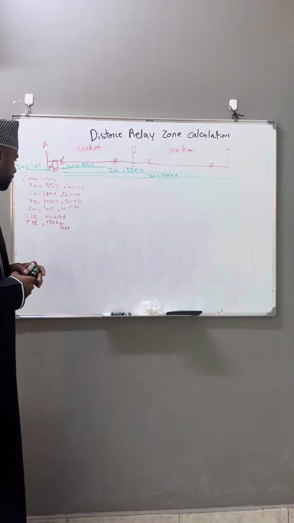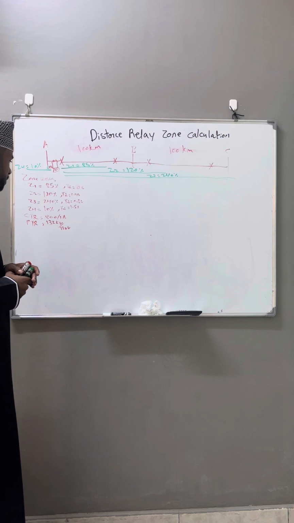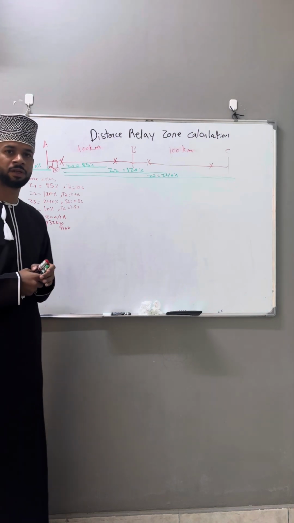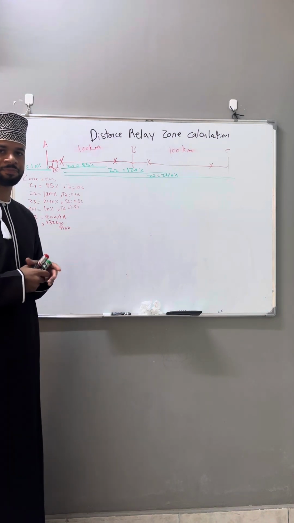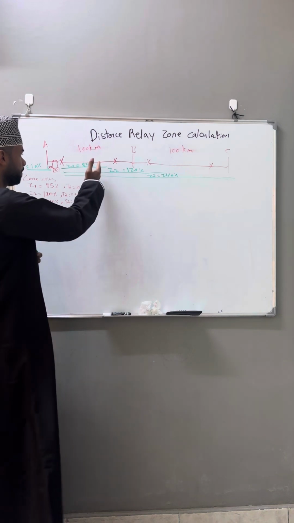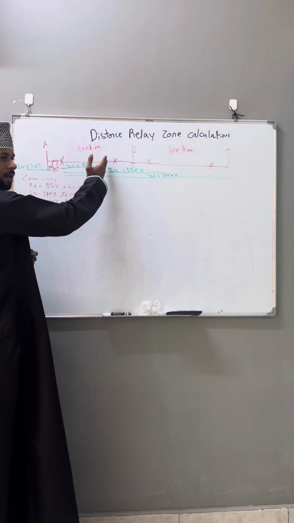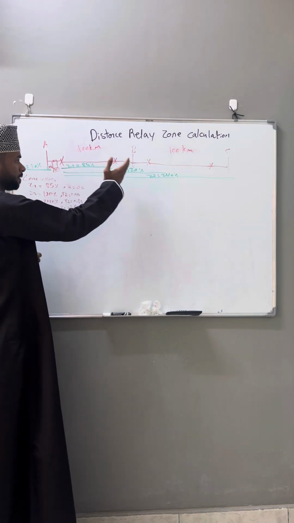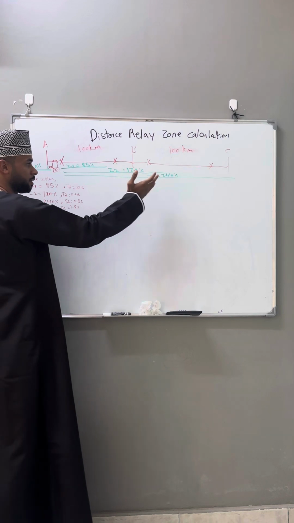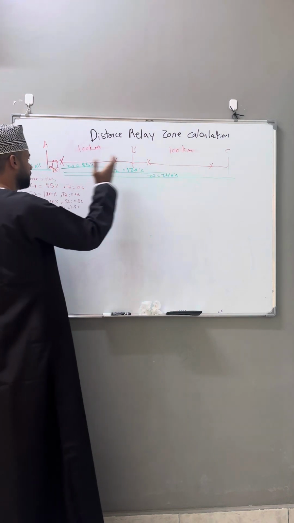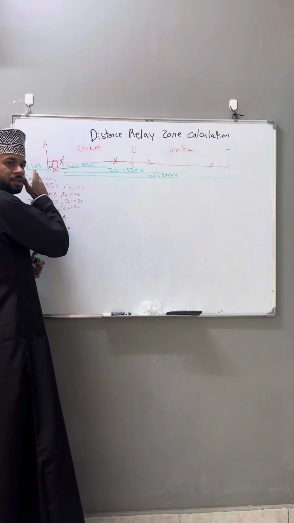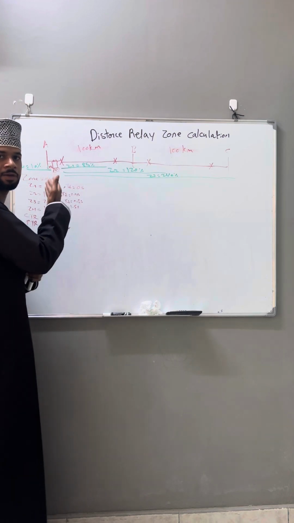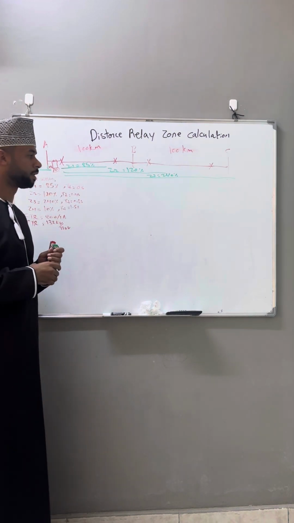CT ratio 800 by 1 ampere and VT ratio 132 kV by 110 volt. So this is the parameter set we have. Zone 4 is for the reverse direction, for backup protection of the busbar.